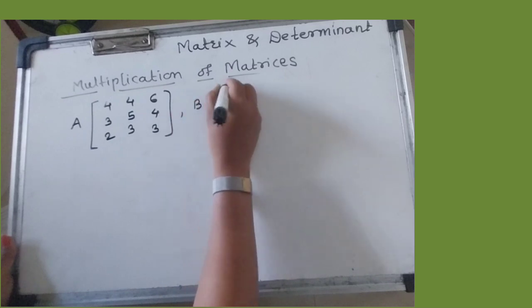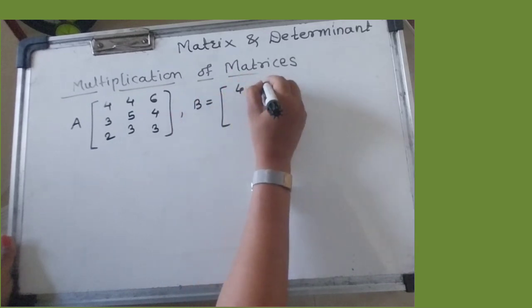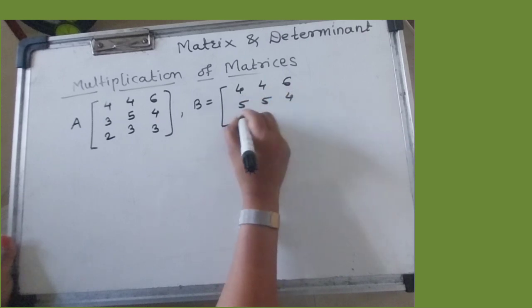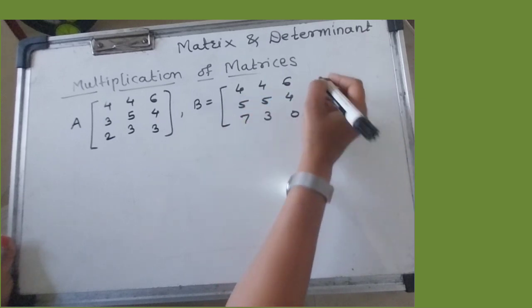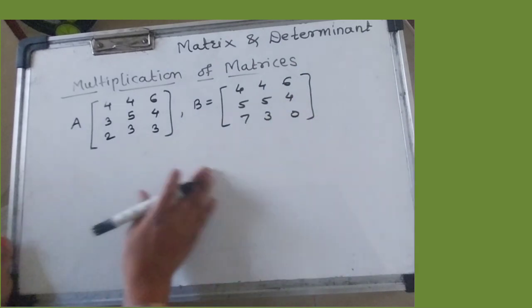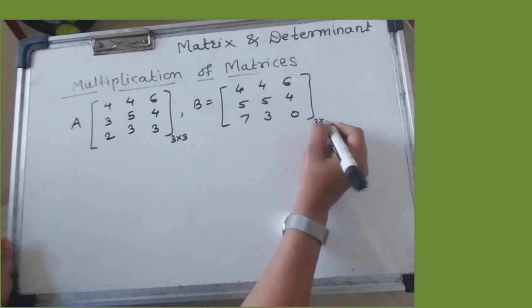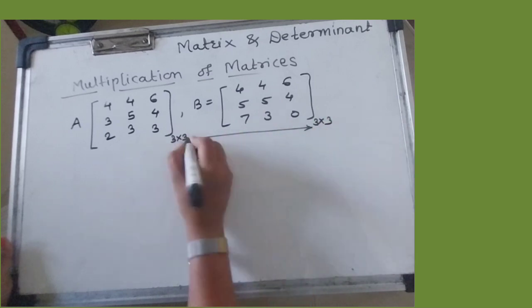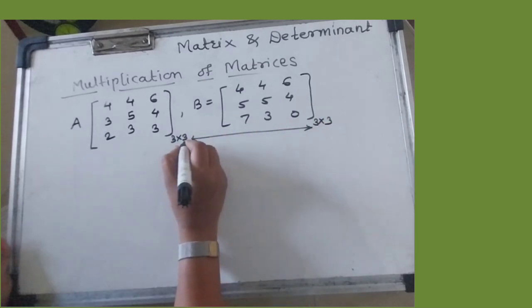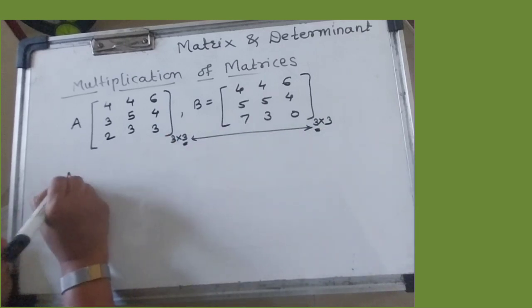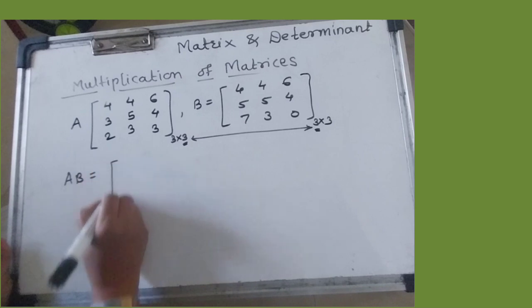B matrix, if I take here 4, 4, 6, 5, 5, 4, 7, 3, 0. Okay. See, the order of this matrix is 3 by 3. The order of this matrix is 3 by 3. Product is possible, okay, because columns and rows are the same. So I take here AB. How will it be?